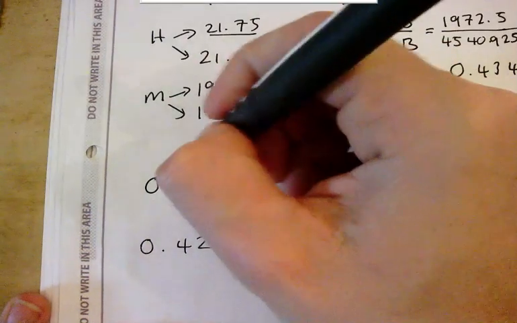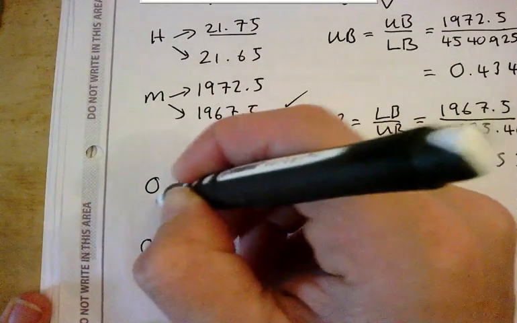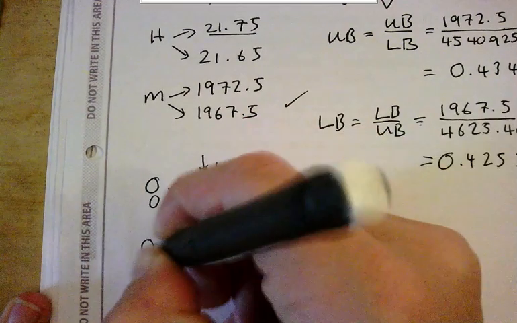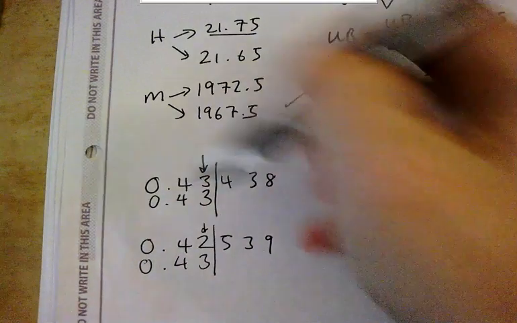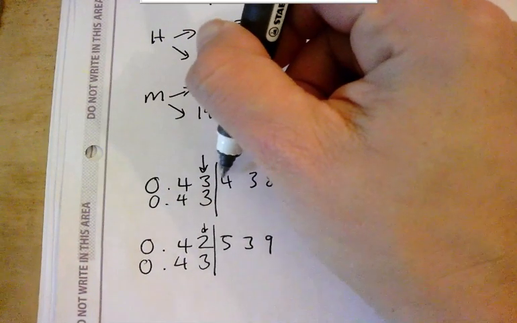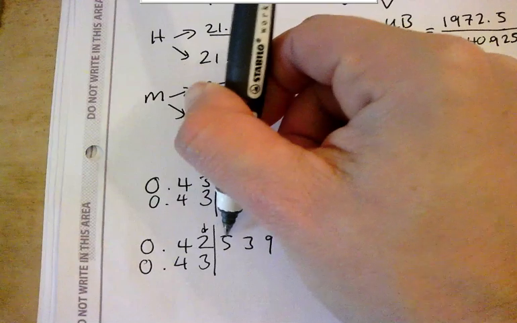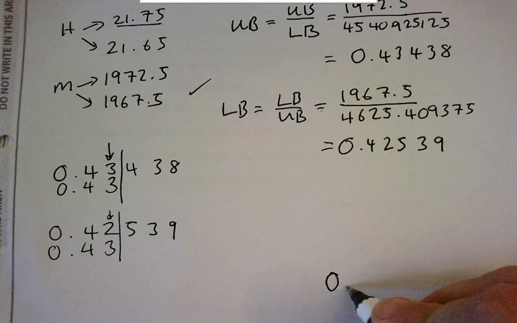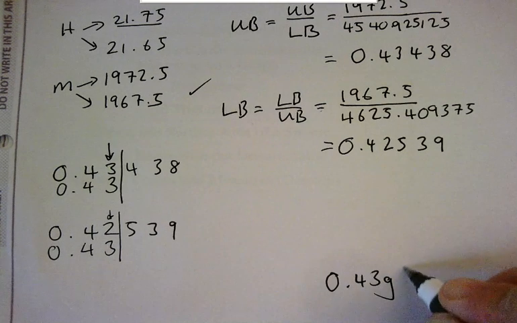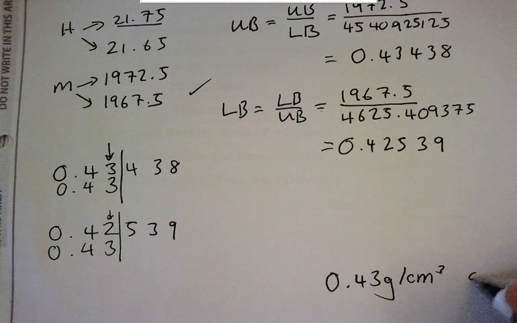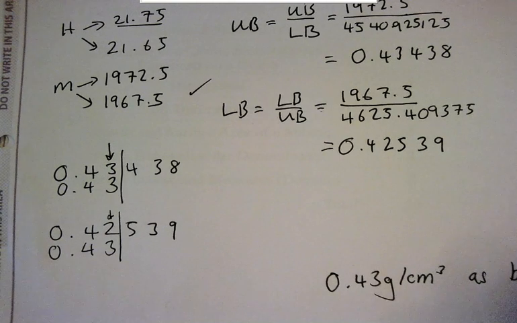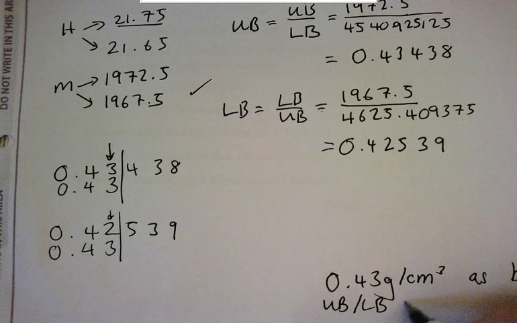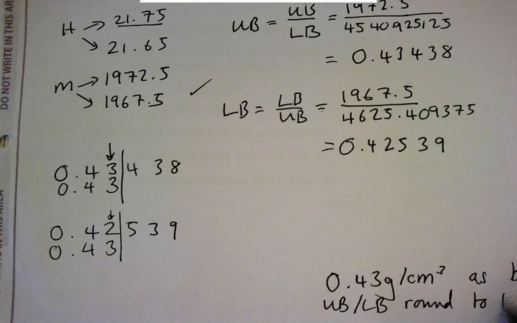This would round to 0.43, and this would round to, oh, that would also round to 0.43. Let's see if we went any more. No, this would be 0.434, this would be 0.425, are different. So my final answer is going to be 0.43 grams per centimetre cubed, and my reason is as both upper bound, lower bound round to this.